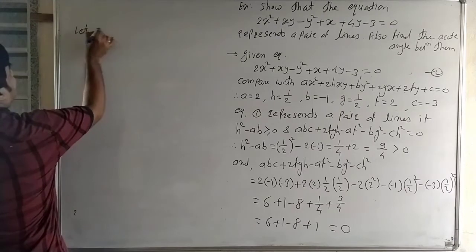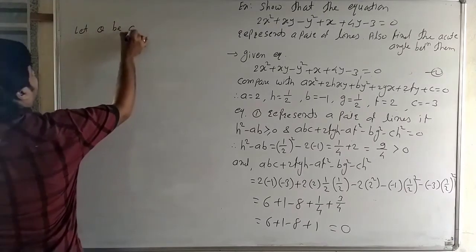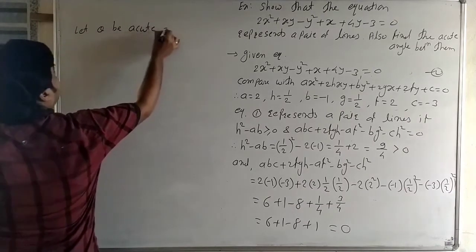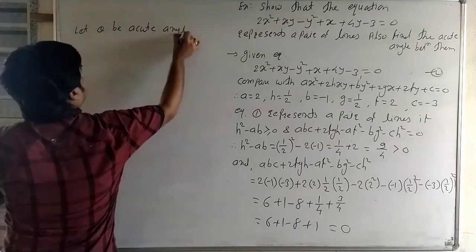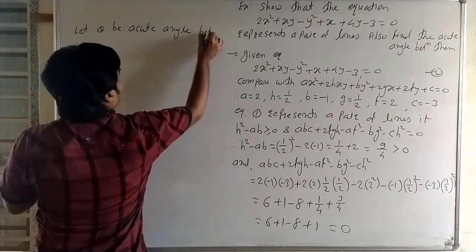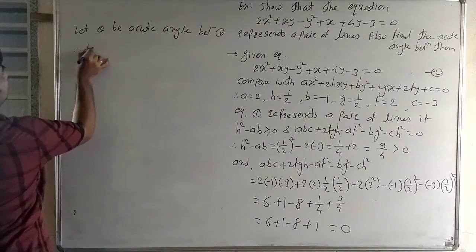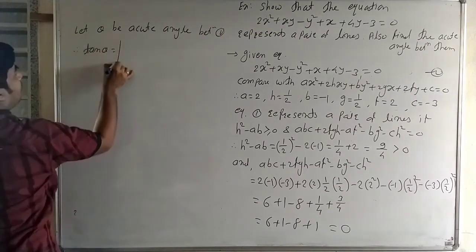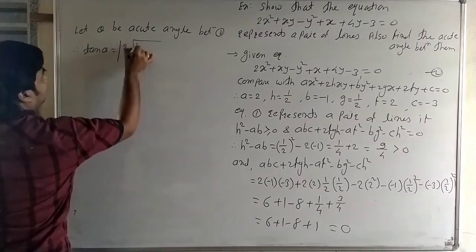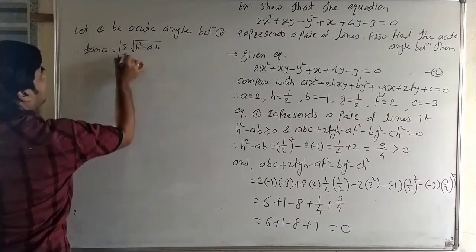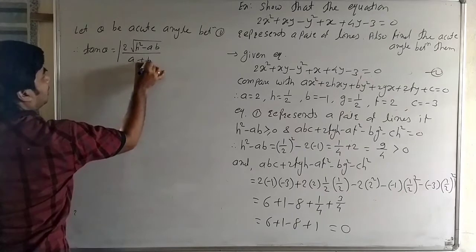Let theta be acute angle between line ones. Okay, therefore tan theta is equal to mod of 2 into under root of h square minus ab upon a plus b.